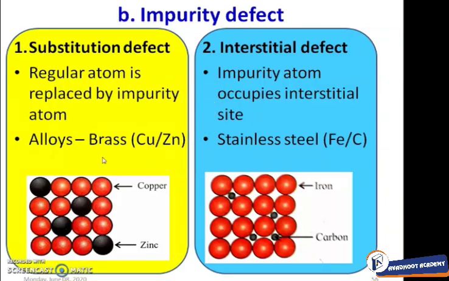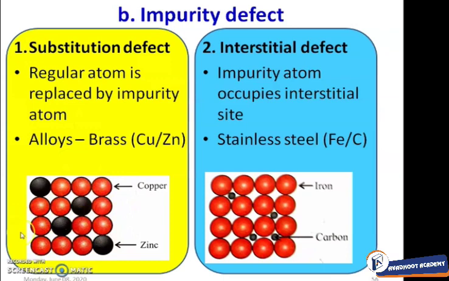Now the second point defect, that is impurity defects. Impurity defect can be substitutional impurity defect or interstitial impurity defect. In case of substitution impurity defect, a regular atom is replaced by an impurity atom. What does it mean? Consider copper metal.